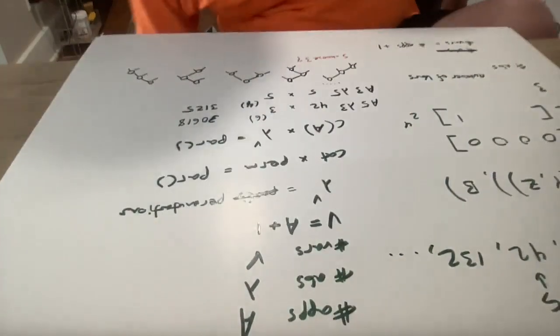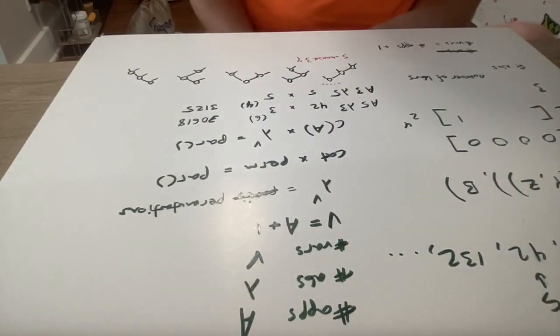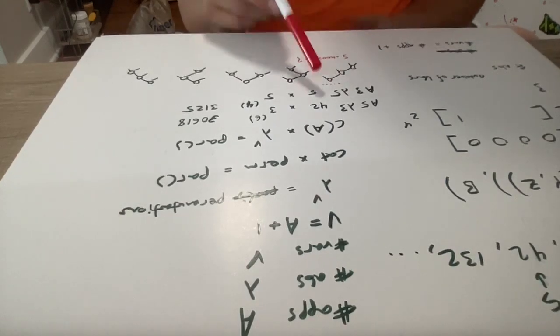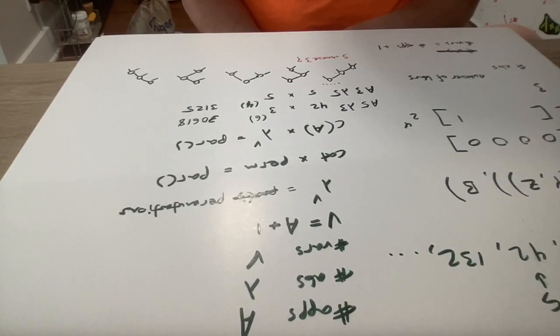Let's think about this. 5 to the 4 power is 625. So 5 to the 4 power is 625 ways that you can arrange all the variables if they're all up here. As soon as you start putting them down, you have to reduce them.